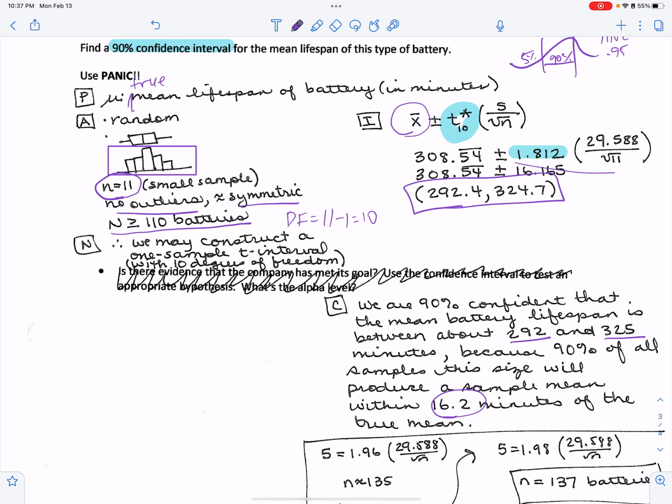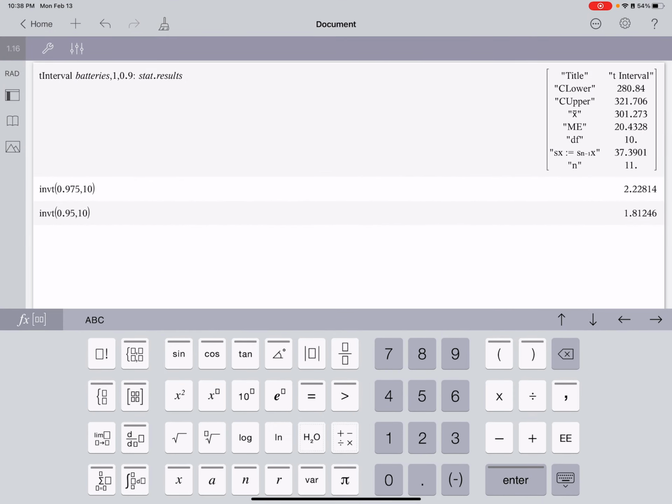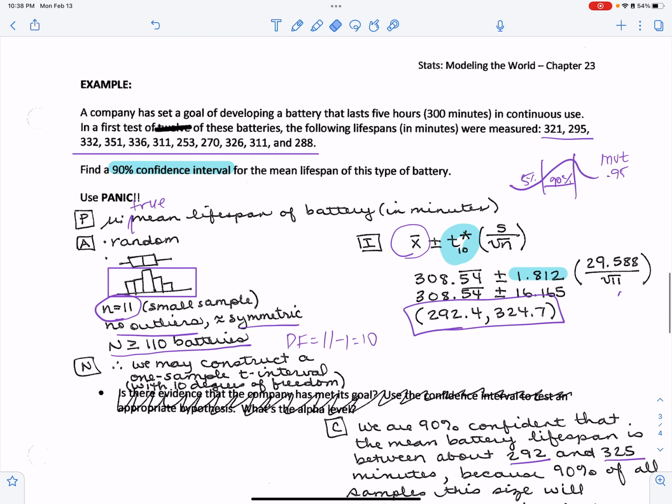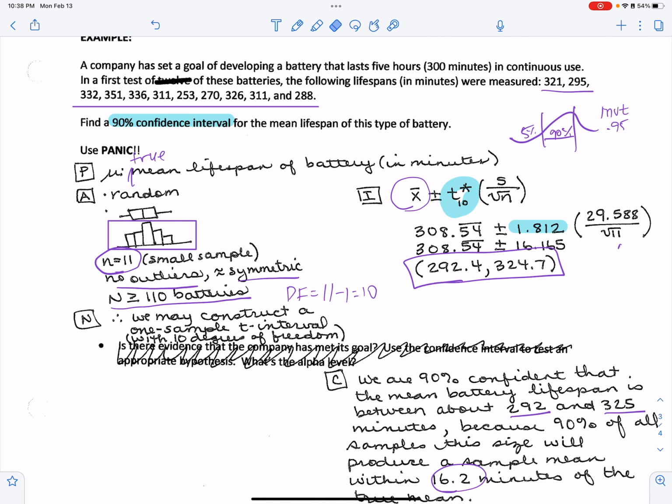I'll show you how. This here is 16.2. And look, let me show you here. If you look in the margin of error, oh boy, 16.2. Oh, no, that's not, I read that wrong. It's saying within 16.2 of the true mean, because if I take 324.7 minus 292.4 divided by 2, that's going to be, which I have mine that came out to 20, so I must have done something.